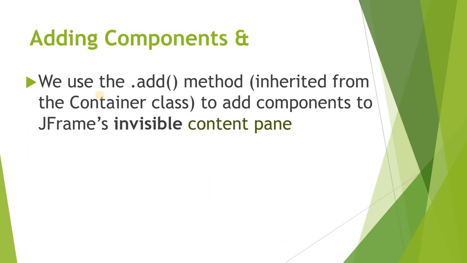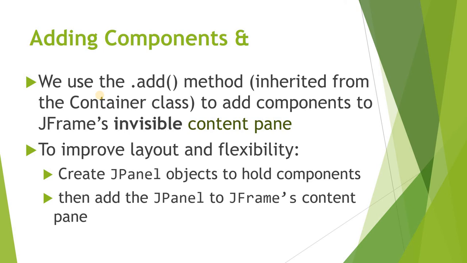In order to add components, you have to use the add method. So first of all, you'll construct a JButton, for example. You'll set up all of its properties, and then you'll add it to the JFrame. It'll go into the JFrame's invisible content frame. And as I mentioned before, you can create something called a JPanel.